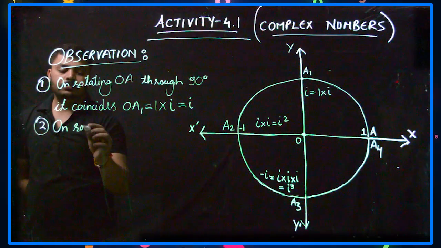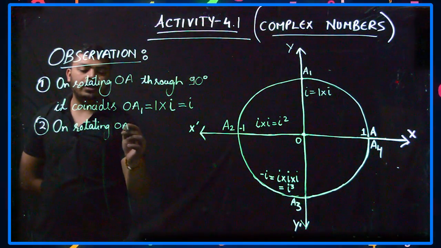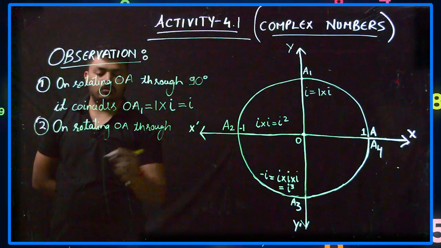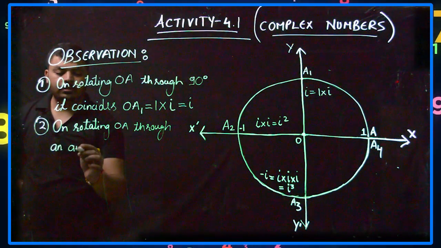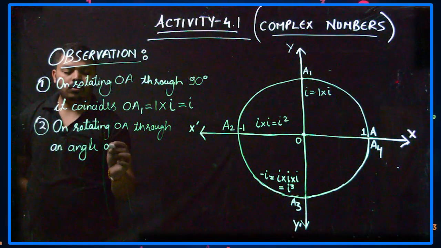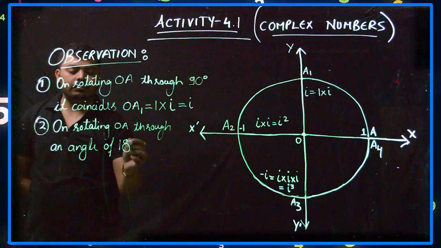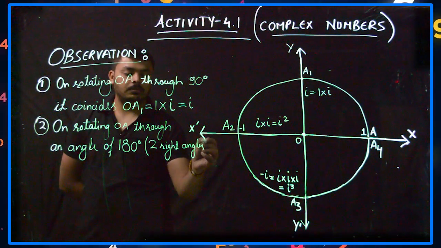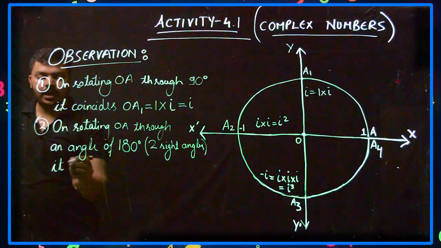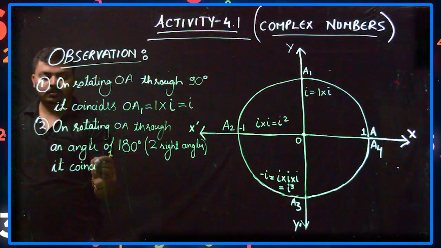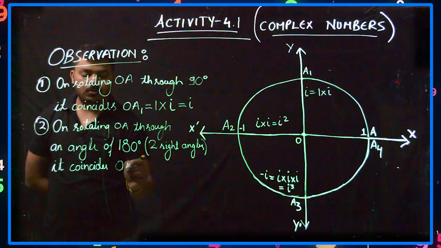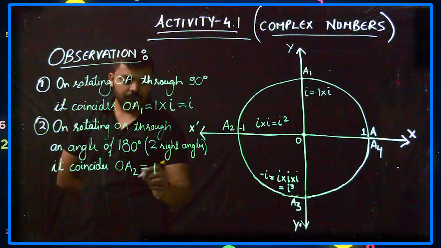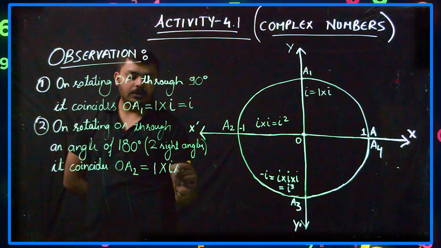Second, on rotating OA through an angle of 180 degree, that is 2 right angles, it coincides with OA2, which is equal to 1 into iota into iota.